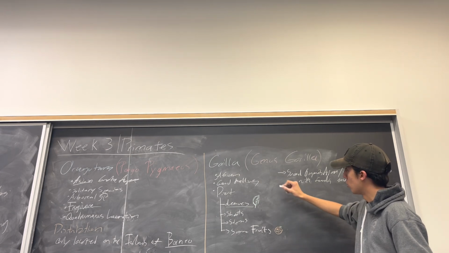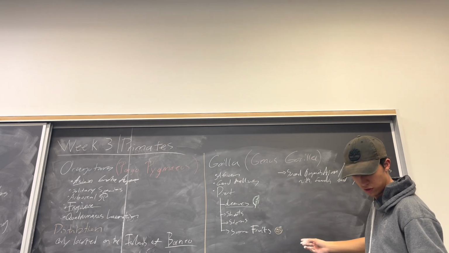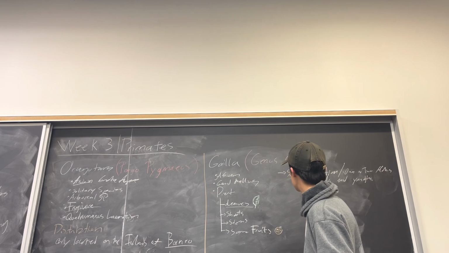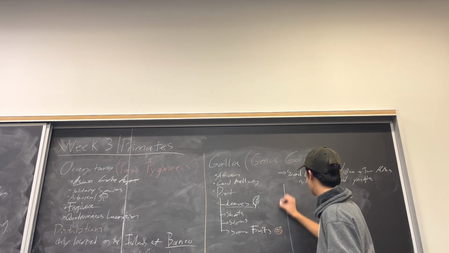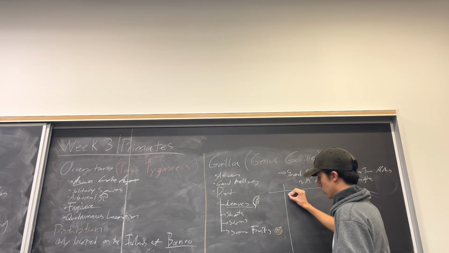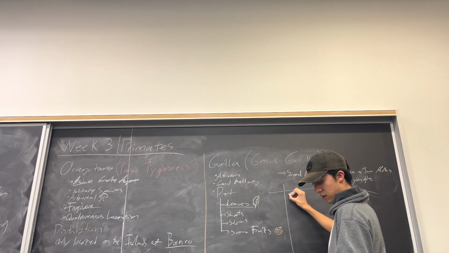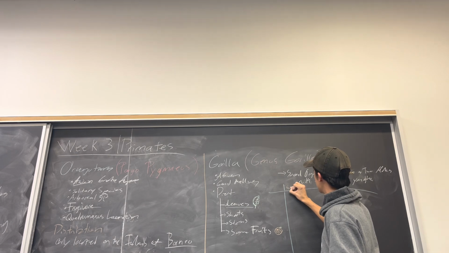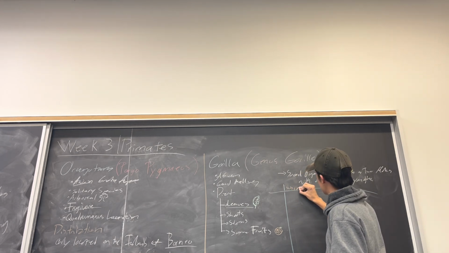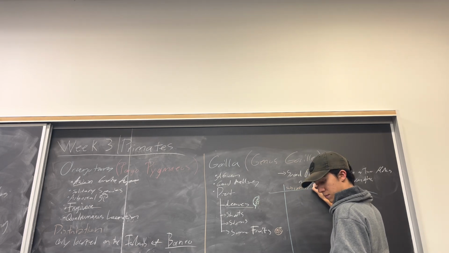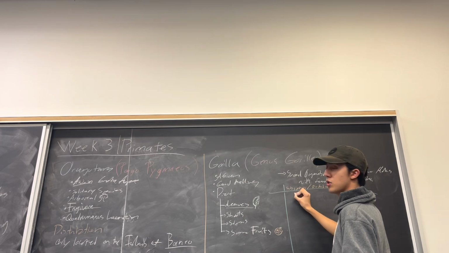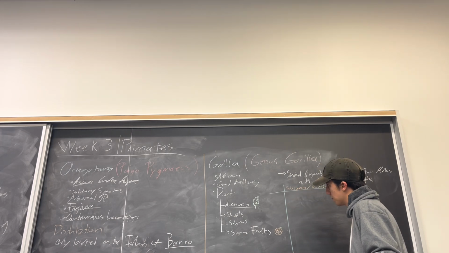And well, gorillas have 3 important subdivisions, which are the next ones. So we got the subspecies and the distribution where they're located.